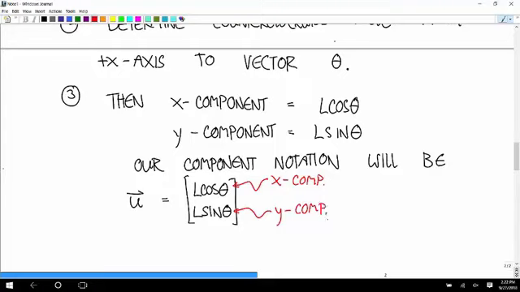And there are a lot of different notations for writing the components of vectors. This is the one we're going to use in this class. But it doesn't change the meaning of any of this stuff to write it a different way. You can come up with your own where you draw a monkey and then the x component sits on the monkey's head and it's holding the y component, and that would work just the same. But this is the notation we're going to use.